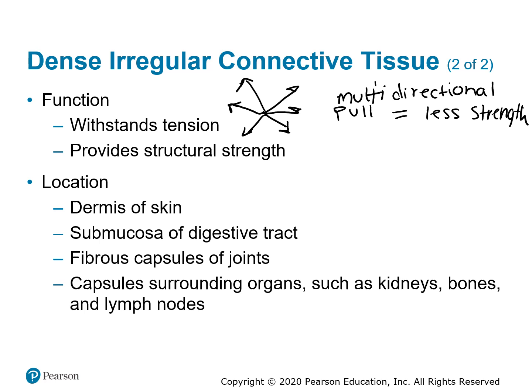But it does provide a good amount of structural strength. You'll find it in the underlayer of the skin called the dermis. So you have your epidermis, and then your dermis sits below that. We'll get into those different layers of skin when we talk about the integumentary system.